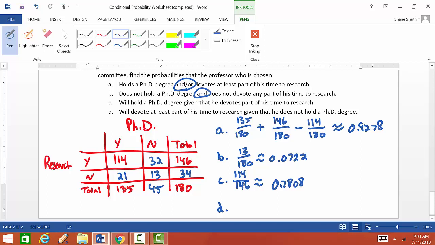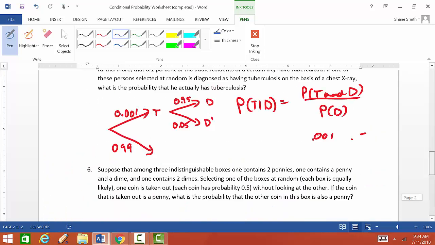So given no PhD degree, there's 45 of those people. How many do research? 32. So that's 0.7111. So once you see the table, I think it's a lot easier to actually answer the questions. All right, and that was the conditional probability worksheet.